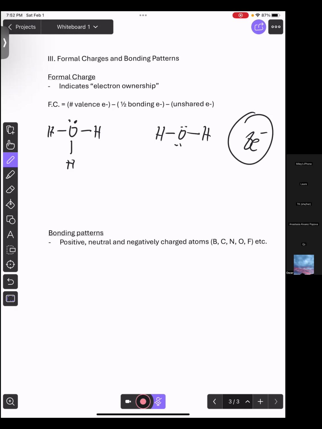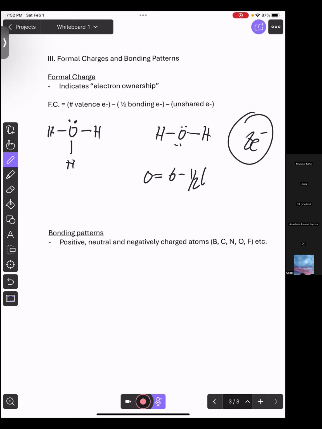And so let's do the one on the right. So what is the number of valence electrons for oxygen? 6. That's never going to change, right? Oxygen always has 6. And then we're going to minus half of the total number of electrons it has in bonds. So how many total electrons does oxygen have access to in bonds?